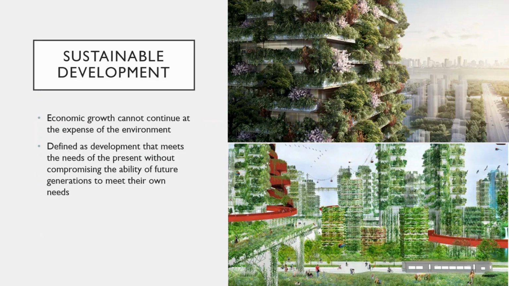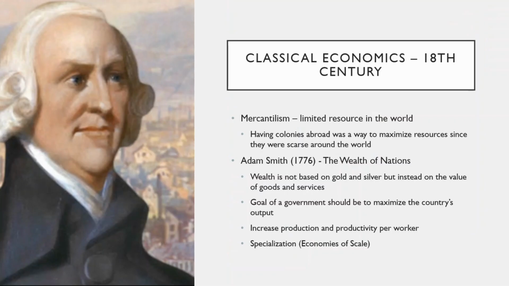For sustainable development, economic growth cannot continue at the expense of the environment. So what we look at is the needs of the present without compromising the ability of future generations to meet their own needs. Sustainable development is one of the things that IB Econ and economics in general do look at. It's become a bigger deal within the last 30, 40 years.